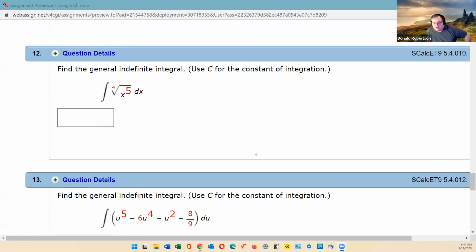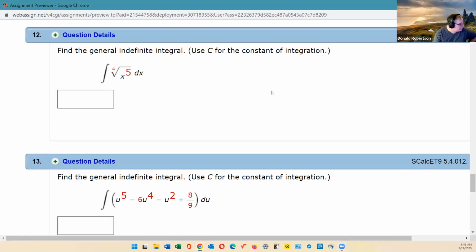What would you rewrite the 4th root of x to the power of 5 as? Someone in the chat? Correct. So you're right, Nathan. 5/4. Right? X to the 5/4. Then you can do a power rule.